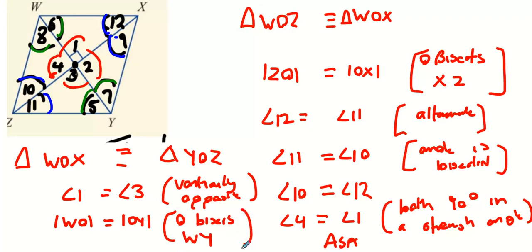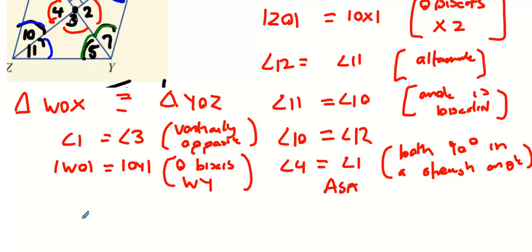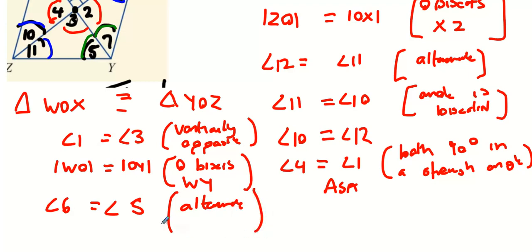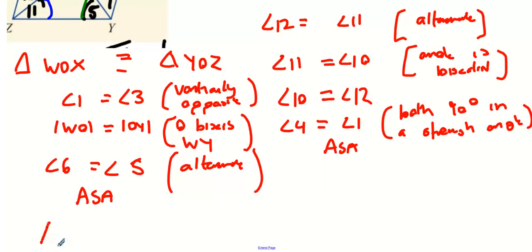Okay. I now want to say that angle 5 equals angle 6. How do I say that? Alternate. Angle 5 is on the bottom, angle 6 is on top, alternate. What combo am I going to use here? ASA. So what am I proving here? I've now proved that WOX equals YOZ, and YOZ equals, anybody?